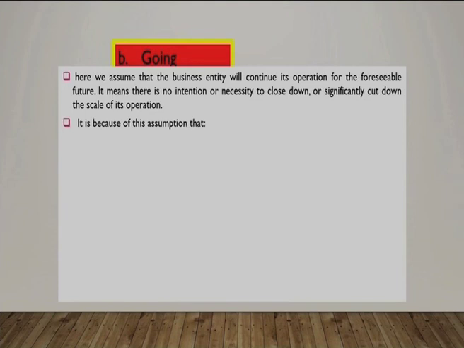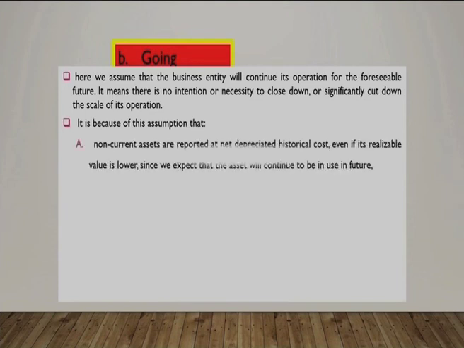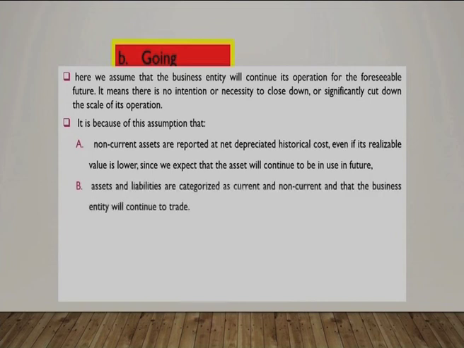It is because of this assumption that non-current assets are reported at the net depreciated historical cost, even if their realizable value is lower, since we expect that the asset will continue to be in use in future. Also, assets and liabilities are categorized as current and non-current, and the business entity will continue to trade. The going concern of a business entity must be assessed from time to time.